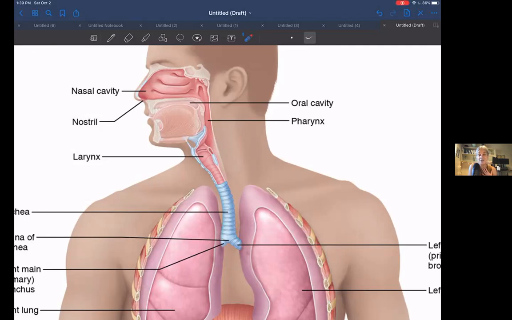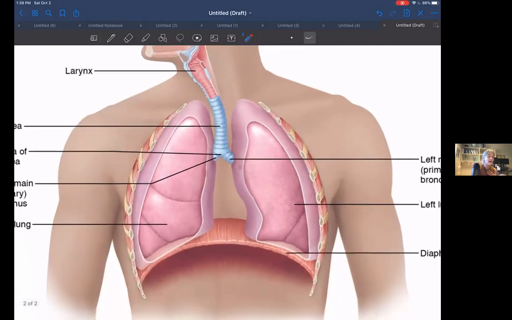You probably all have experienced getting water or other liquids into your airway, or inhaling something into your airway and having to cough it out. This is the trachea, and then it is going to go down and into the lungs.